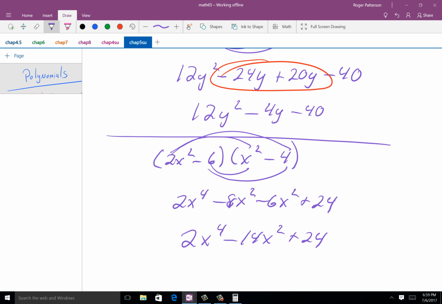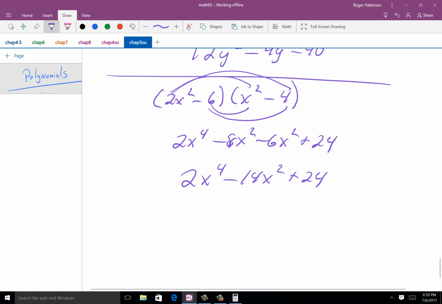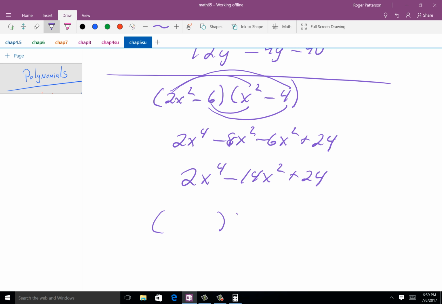Using the properties of exponents, you don't really know it because it makes sense to you. Let me give you one where the middle terms won't combine.